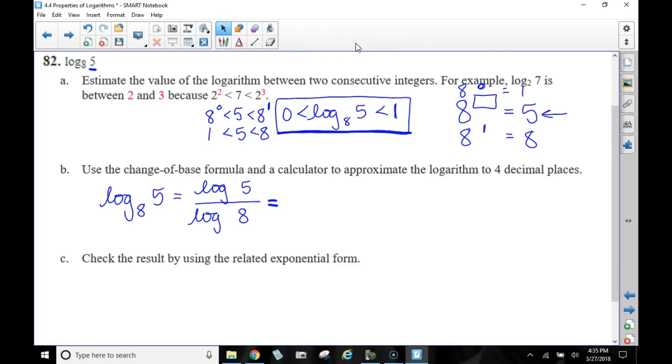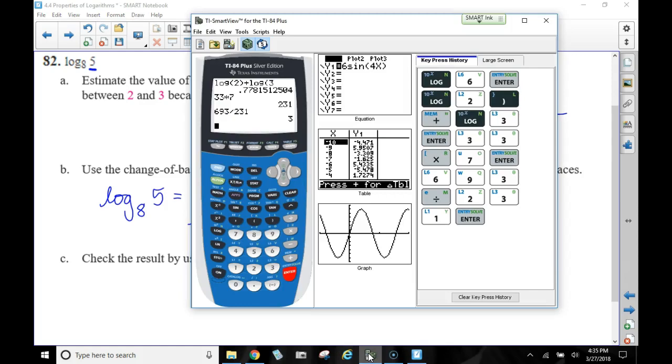So, back over here on my calculator. I'm going to do the log of 5. Let me make sure and close out that argument. And I'm going to divide that by the log of 8.